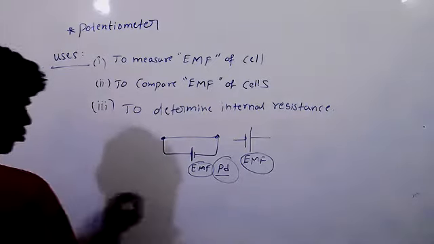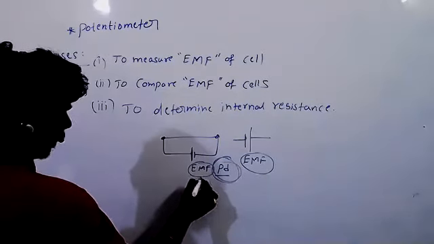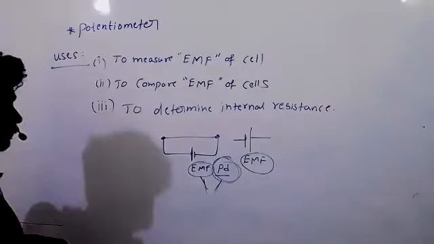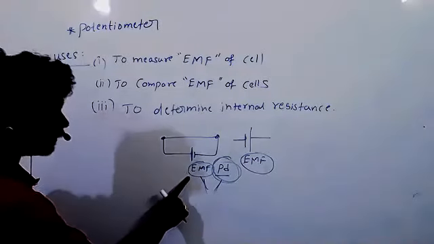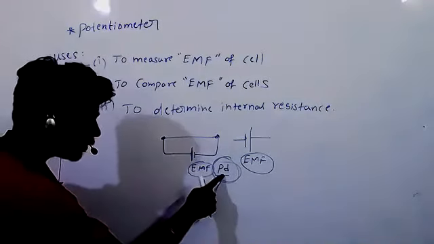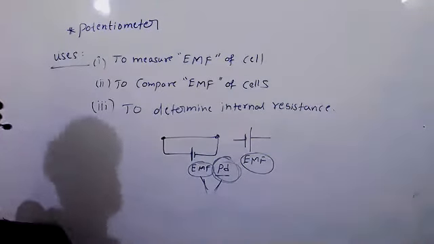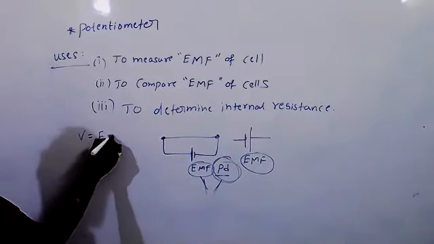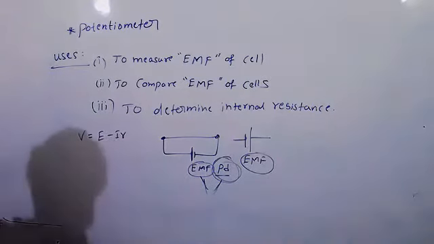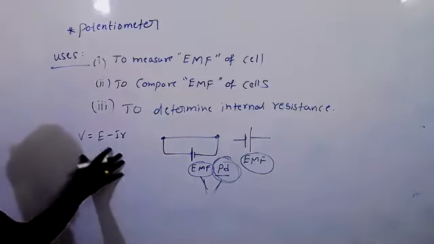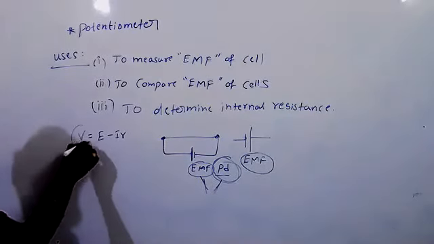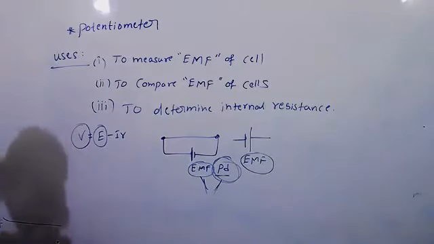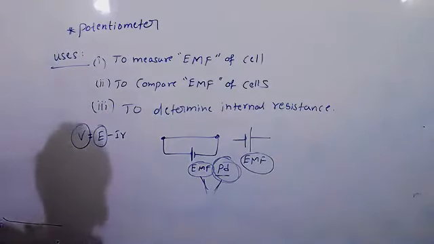What is the difference between potential difference and EMF? Sir, if you don't connect in the circuit, that is EMF. If you connect in the circuit, potential difference. In the previous class, we learned V = E - Ir. V is the potential difference, E is the electromotive force, and Ir is the potential drop in the internal resistance.